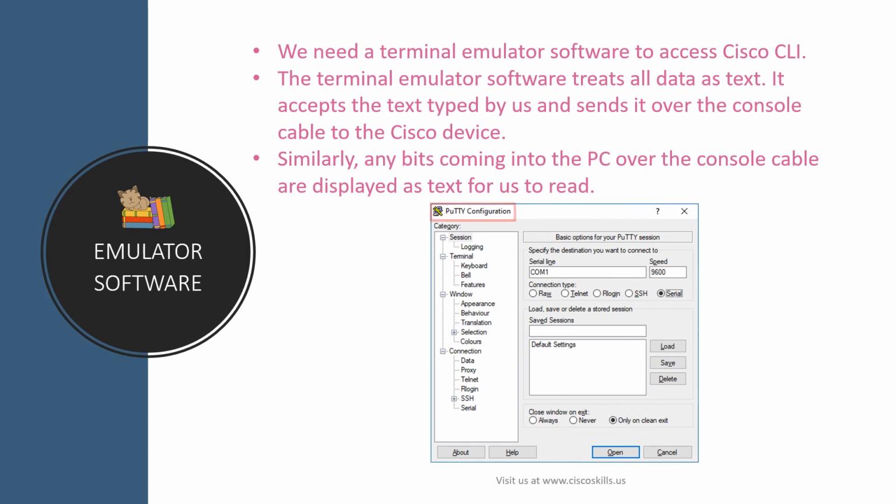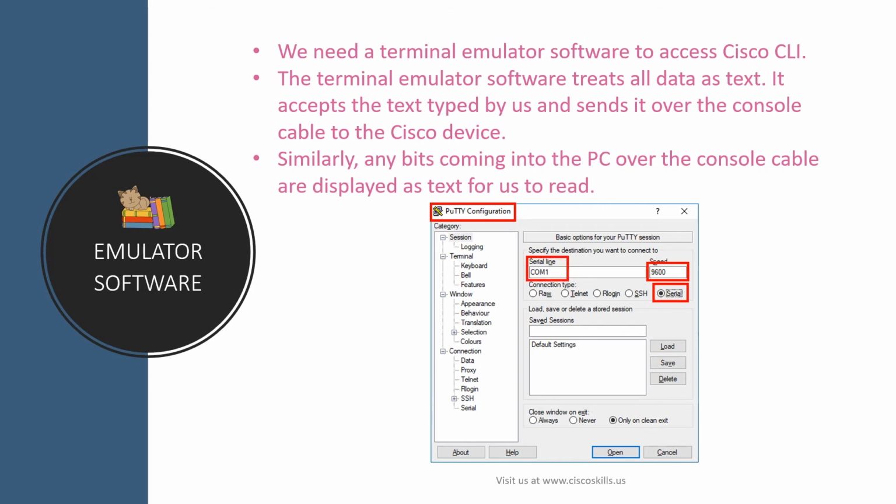Here we are at the Putty configuration. In order to connect to the console port, we need to select the option Serial. It will automatically select the correct speed for us, which is 9600. We need to double check on the PC to make sure which COM port is connected to the console cable. Usually it is COM1.